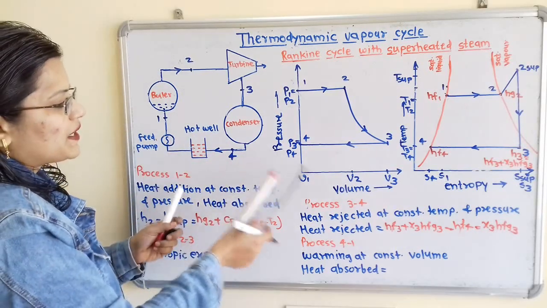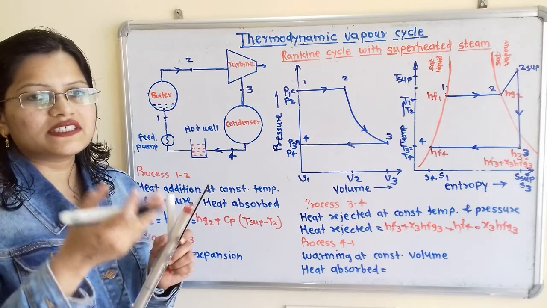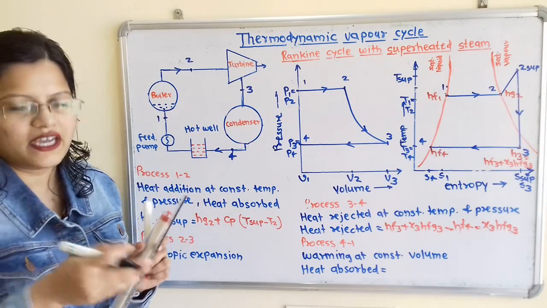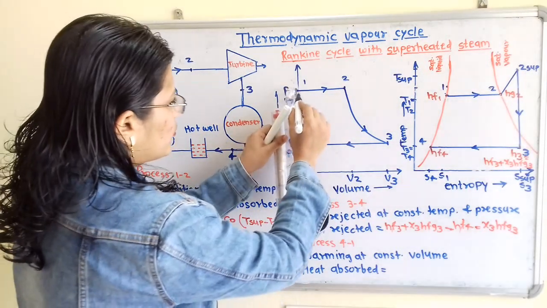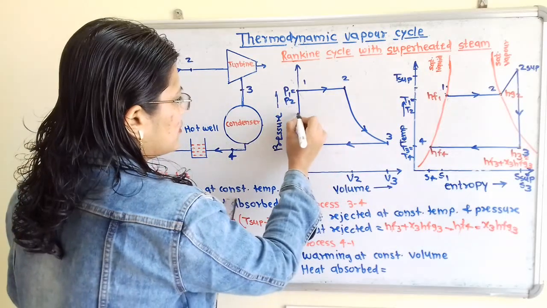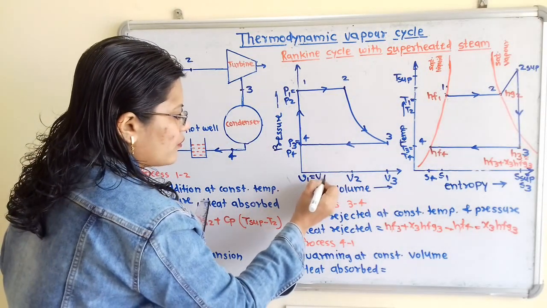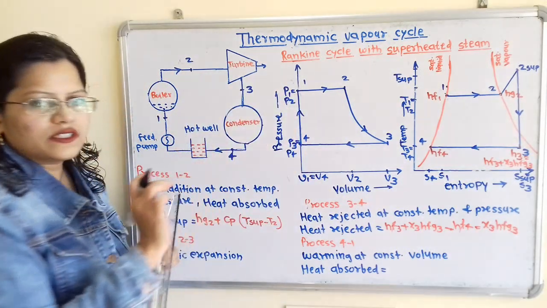On the pressure volume diagram, when the heat addition or warming process is there, pressure is getting increased, temperature is also getting increased, and entropy is also increased. Now here we have to keep volume constant, so we draw a straight vertical line. So here V1 is equal to V4. So this 4 to 1 process is there.